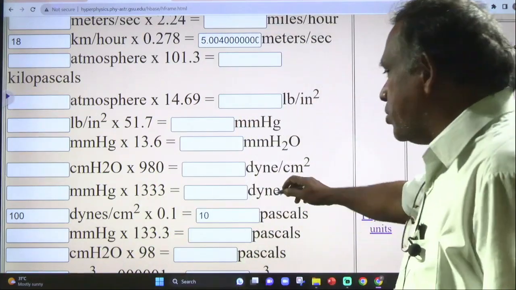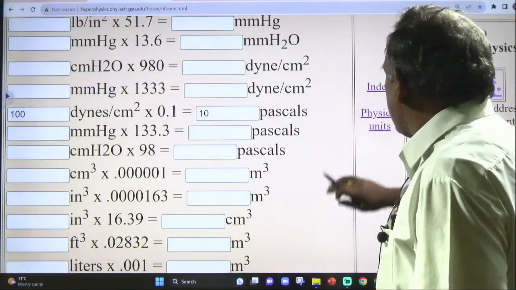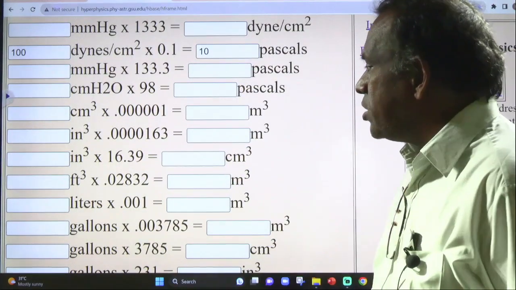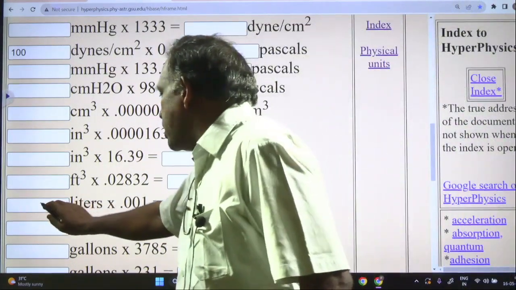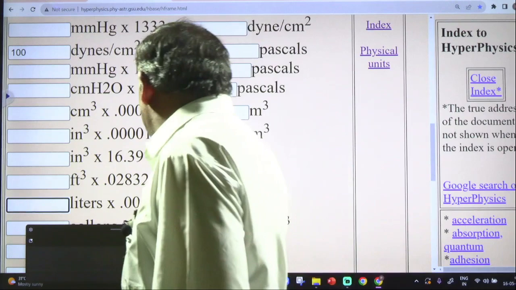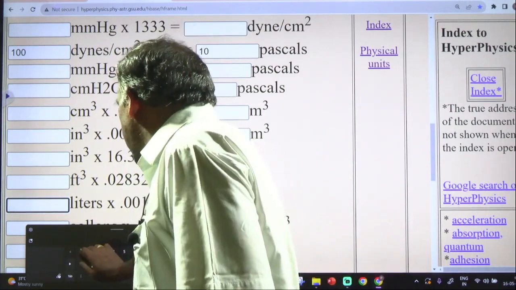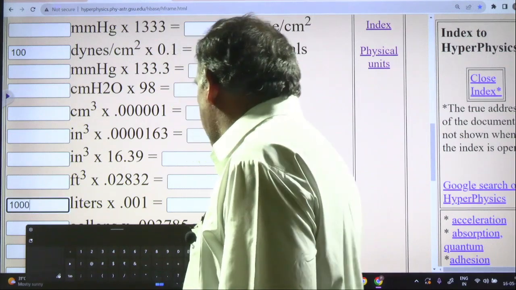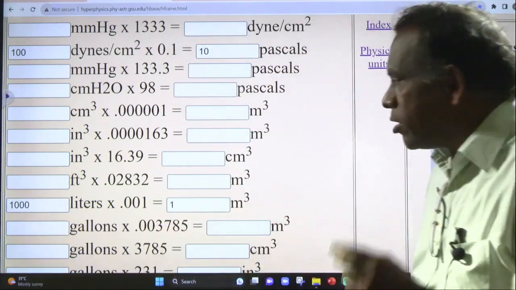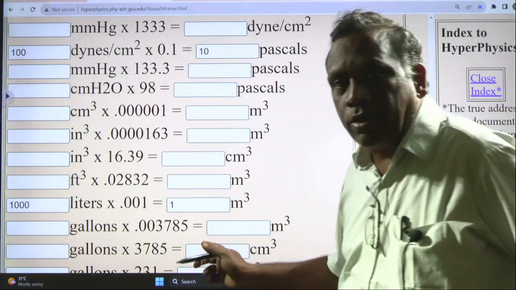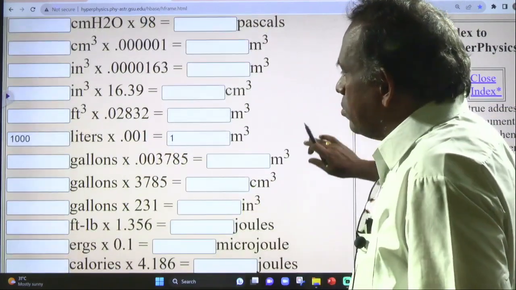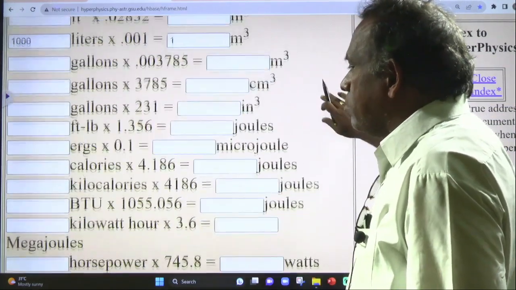If you observe, different conversions are there. 1000 liters is how many meter cubes? 1000 liters is 1 meter cube. You can observe conversions can be done.